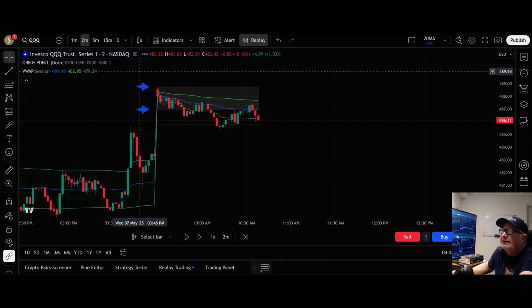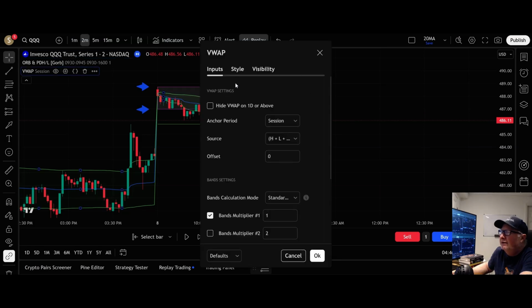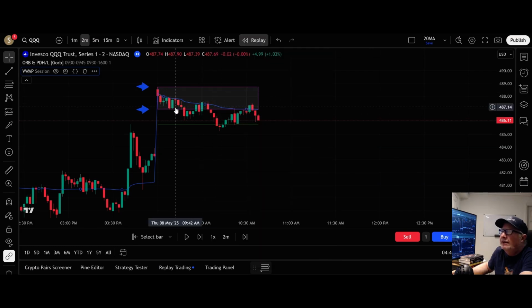So basically, if you add VWAP in TradingView, I go to settings, go to this bands multiplier and just remove that. So you just have VWAP. Now the blue line is VWAP. And as confirmation, you could have VWAP set up that you only short if the price is under VWAP.